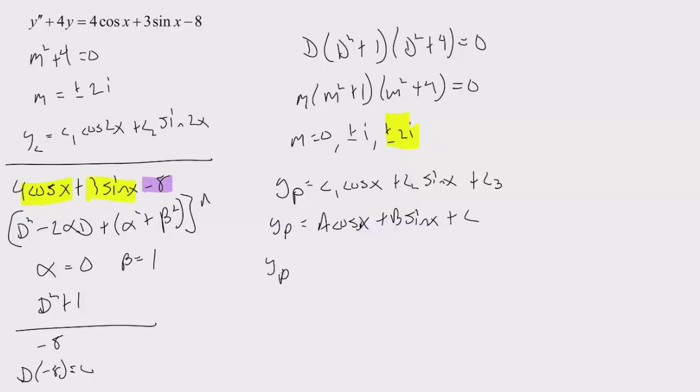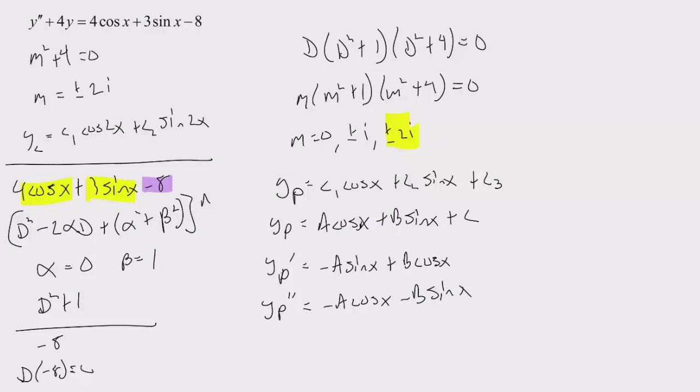Alright, and at this point we know the drill. I need the second derivative. So that's negative a cosine x plus, negative a sine x, plus b cosine x, and then the c disappears, and then the second derivative would be negative a cosine x minus b sine x.